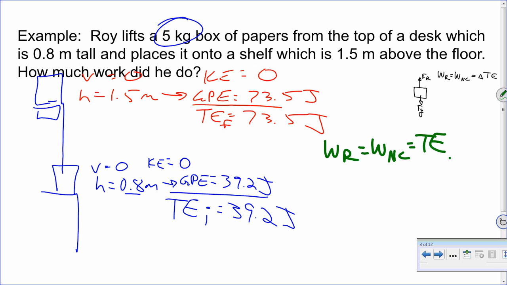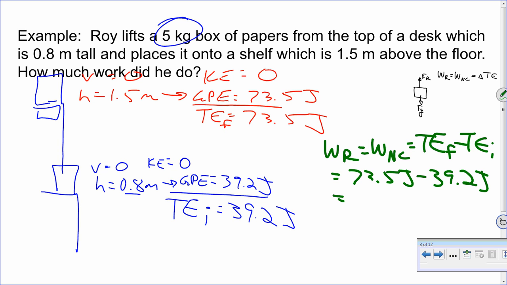That's TE final minus TE initial. Please remember, you guys, anytime you do change, it's always final minus initial. It's going to be really important in this section. So for us, let's see, we ended up with 73.5 joules. We began with 39.2 joules. And so the work is 34.3 joules.